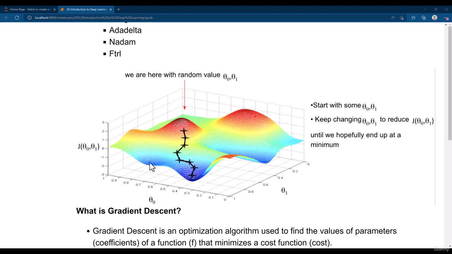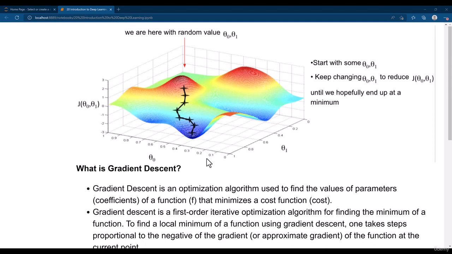So if you end up here, or at any other such places, then your algorithm is not optimized. This optimizer makes sure that you follow a correct training path, a correct optimization path, so that you can achieve a minimum error.